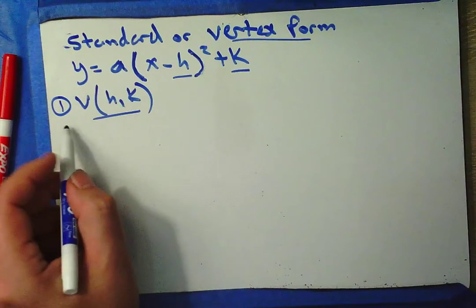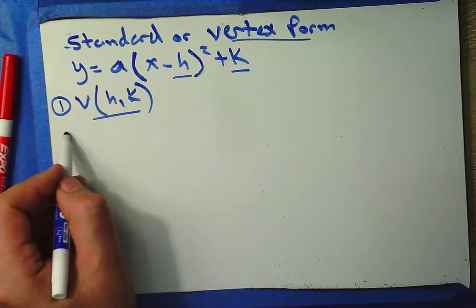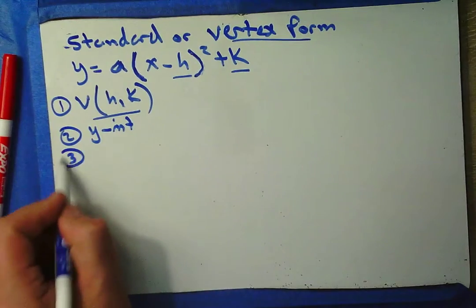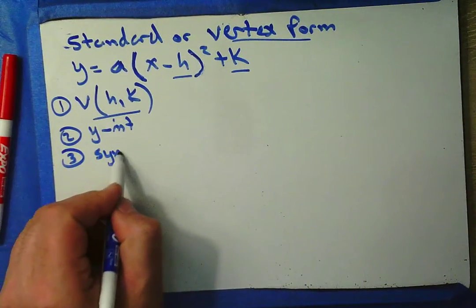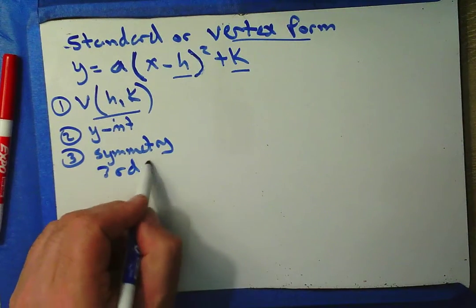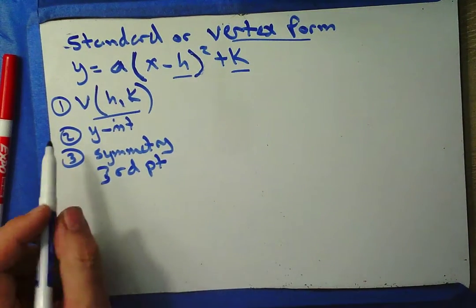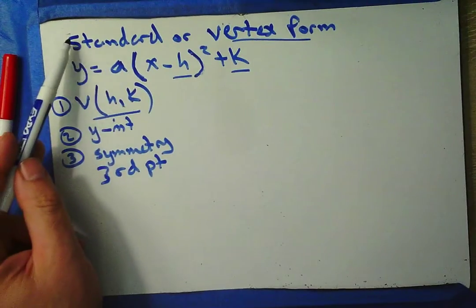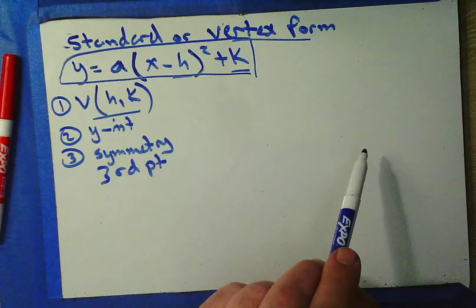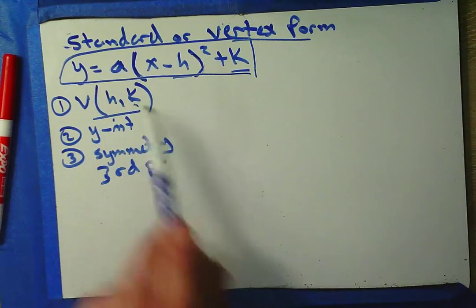And then, what did we just do when we were graphing from general form? We used the y-intercept, and step 3, we used symmetry for a third point. Okay, so when we're graphing from standard or vertex form, when the equation looks like this, we're going to identify the vertex.